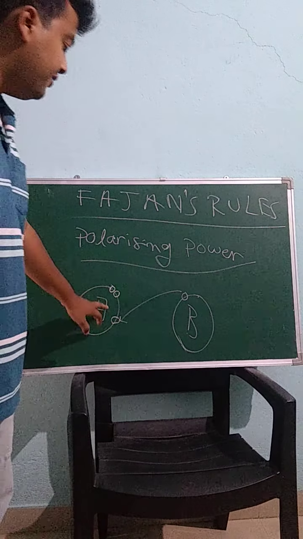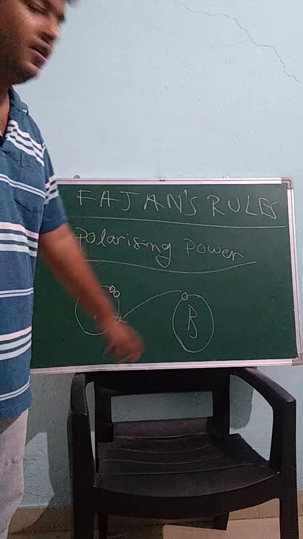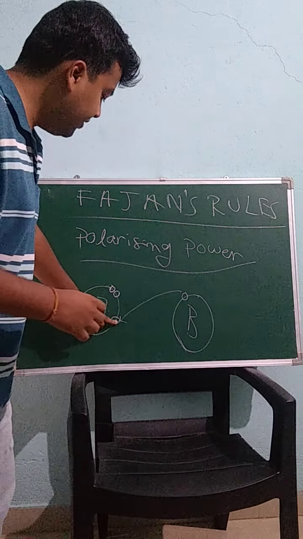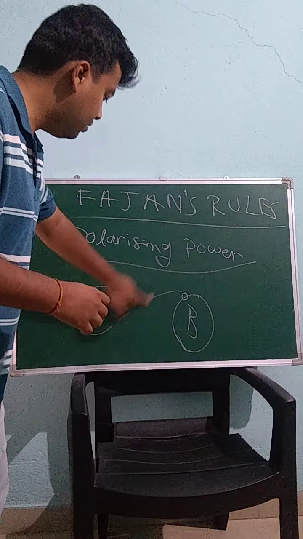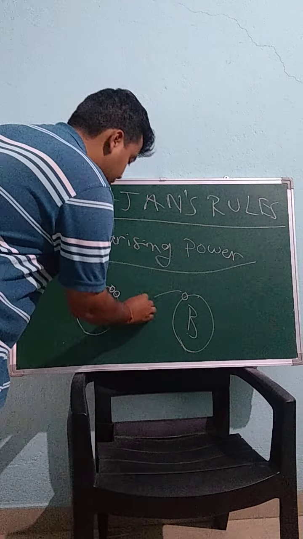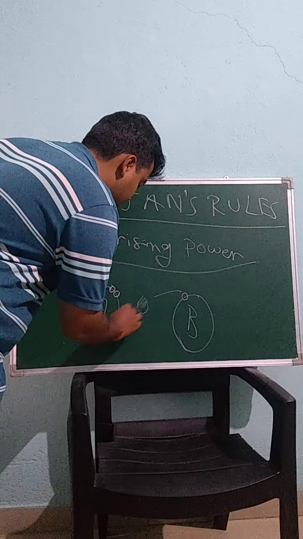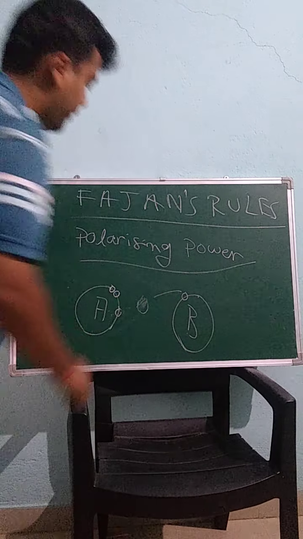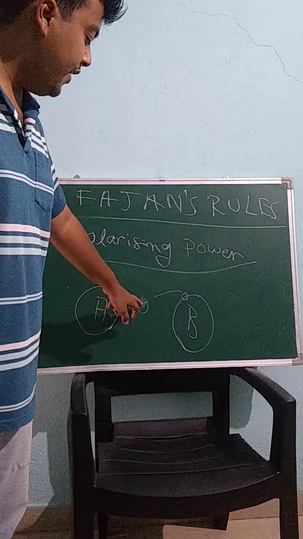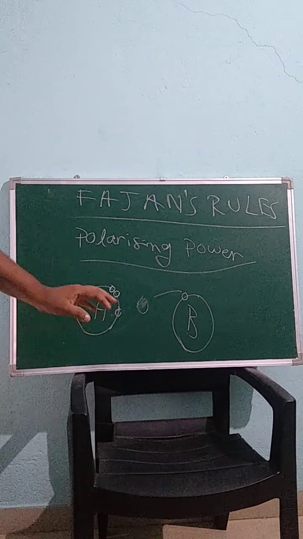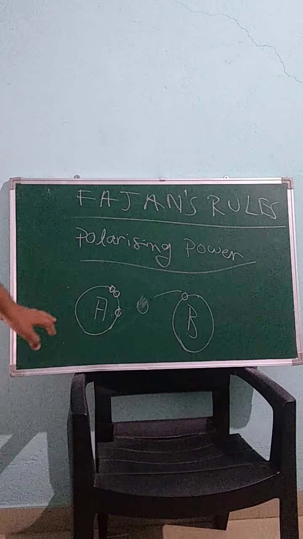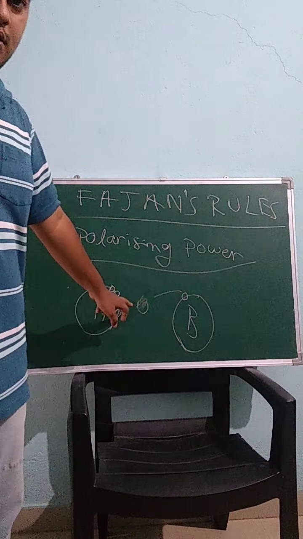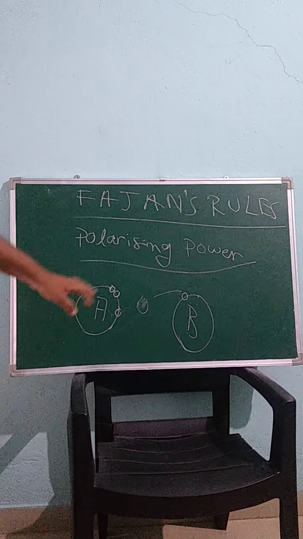If the polarizing power of the elements is very high, then the chances of finding the electron will be at the middle. This is actually a character of a covalent bond, because now the electron is being shared between both the atoms.